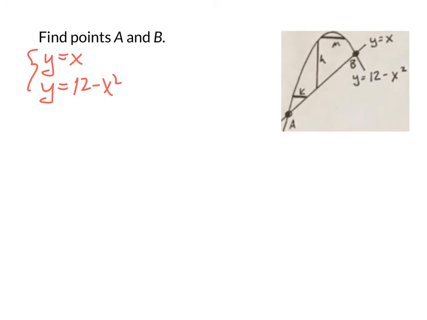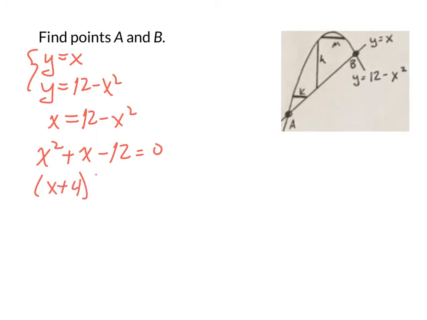So we can use substitution and say x is equal to 12 minus x squared. That's quadratic, so I'm going to get it equal to 0 by adding x squared to the left side and subtracting 12. Then we can factor it and get that x is equal to -4 and x is equal to 3.